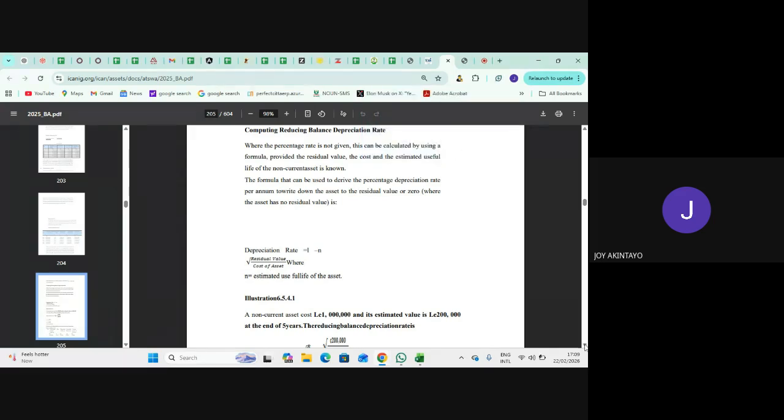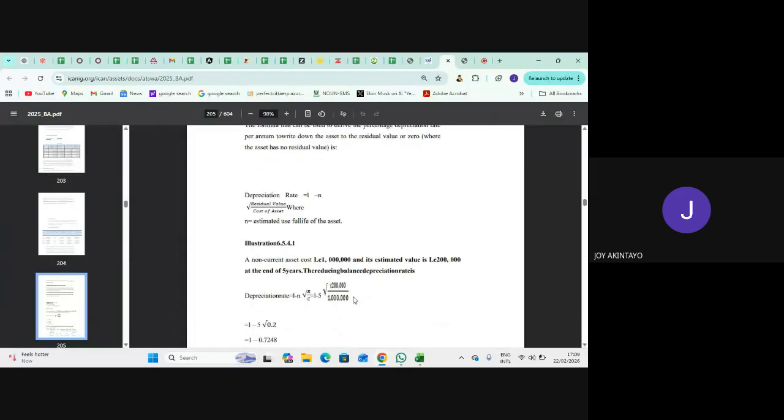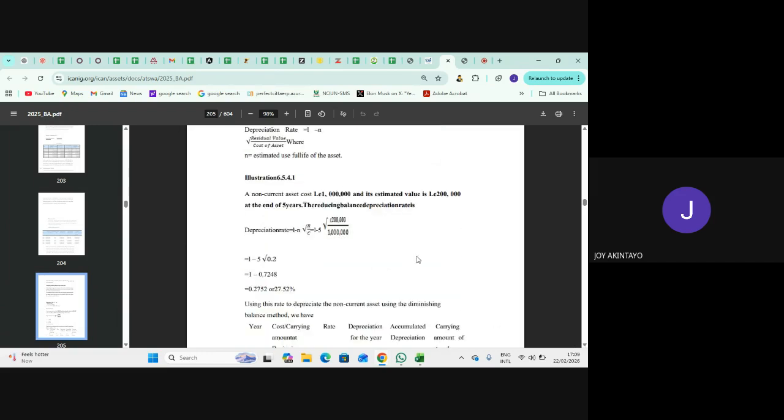And as you can see, that's the same thing that has been applied here. That is 1 minus nth root of R over C, where R is the residual value and C is the cost, for us to determine the depreciation rate. Are we together? So next, tomorrow when we meet, we talk on how to get the depreciation rate. We apply this. I hope you understand.